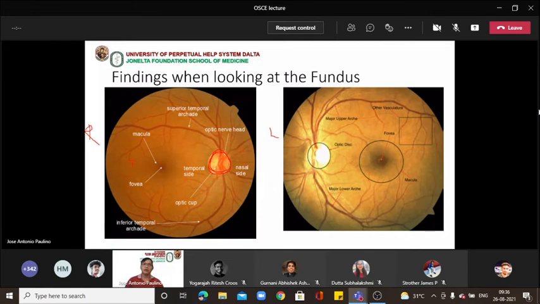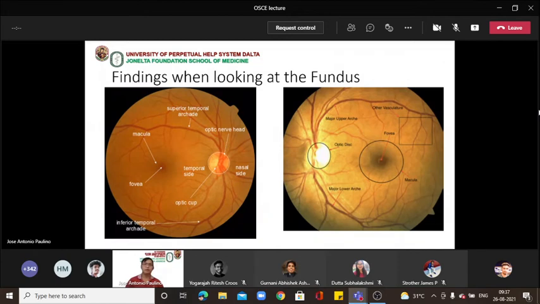The macula is 2.5 disc diameters from the optic nerve and 1/2 disc diameter inferior from the optic nerve. So the macula should be temporal and lower. So if you notice here, both of these are normal findings.